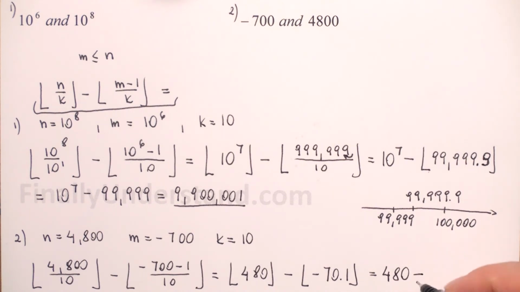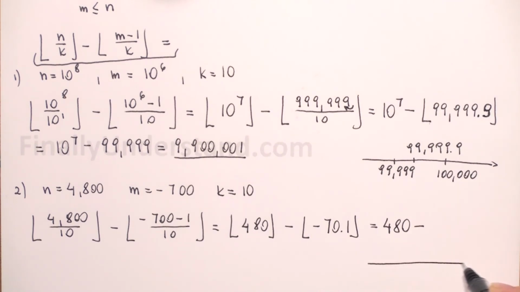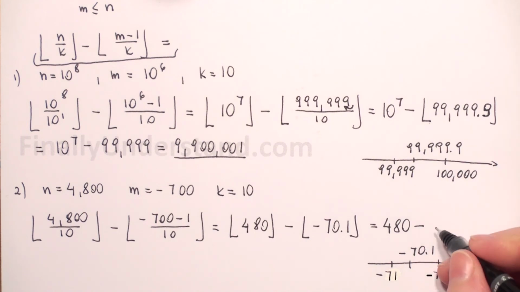And we have minus. Now you can always draw a number line if you can't find between which integers this number is. We have negative 7.1 is between negative 71 and negative 70, so the largest integer less than this number is negative 71.